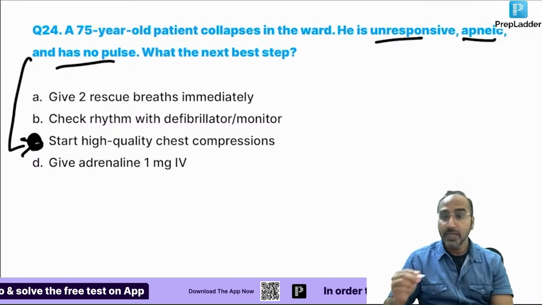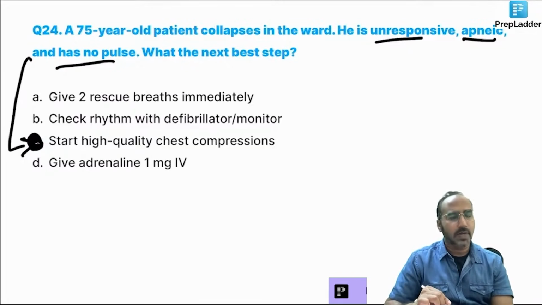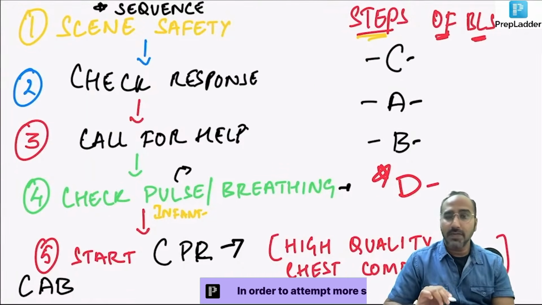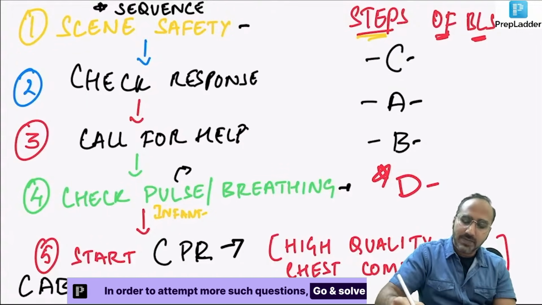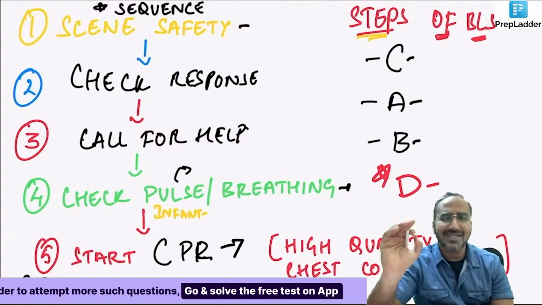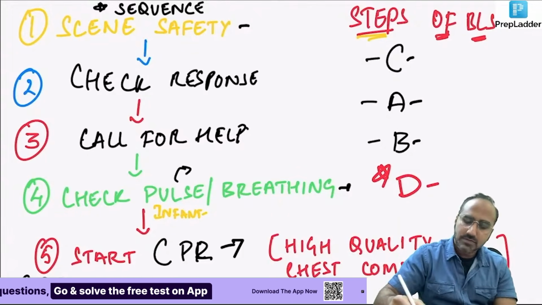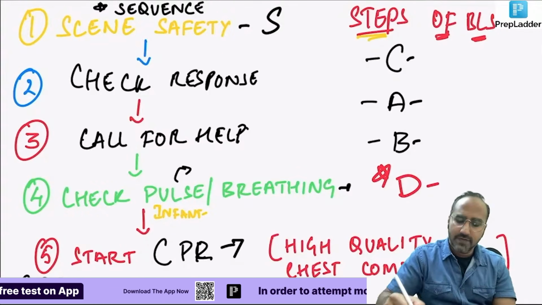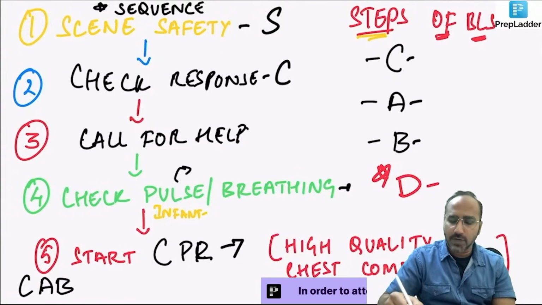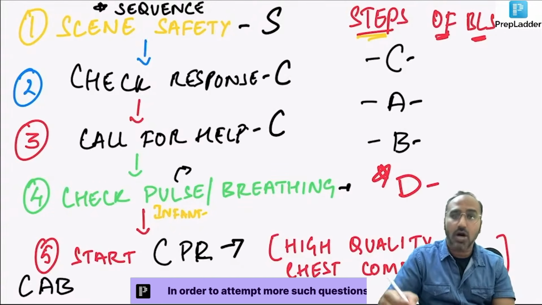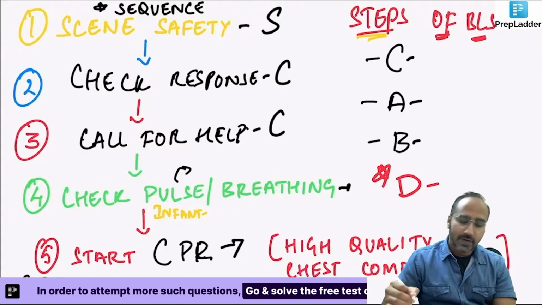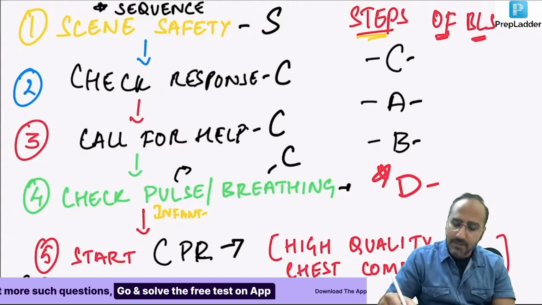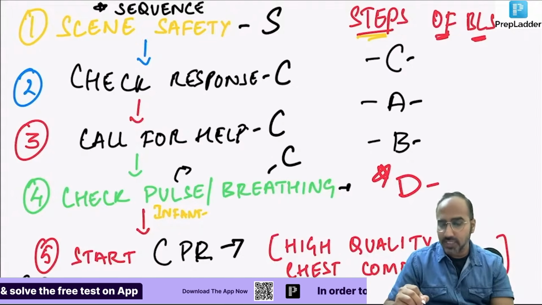Is this clear? So we'll just discuss some points about basic life support, guys. Remember, I told you the sequence is SCCS. S is scene safety. C is check for the response. C is call for help. After calling for help, next you check for the breathing and pulse. Which pulse will you check, guys?